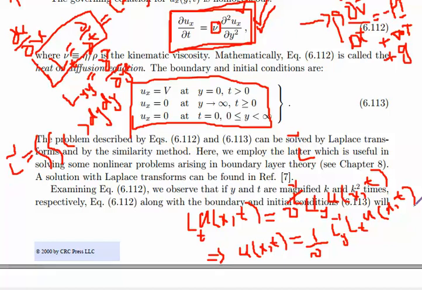Now what we are doing here, we want to integrate this, and you can see here, we need the zeroth order solution in this case.